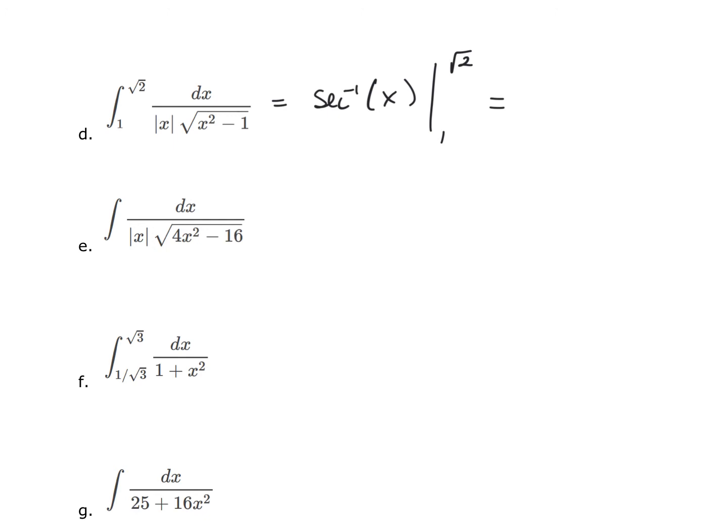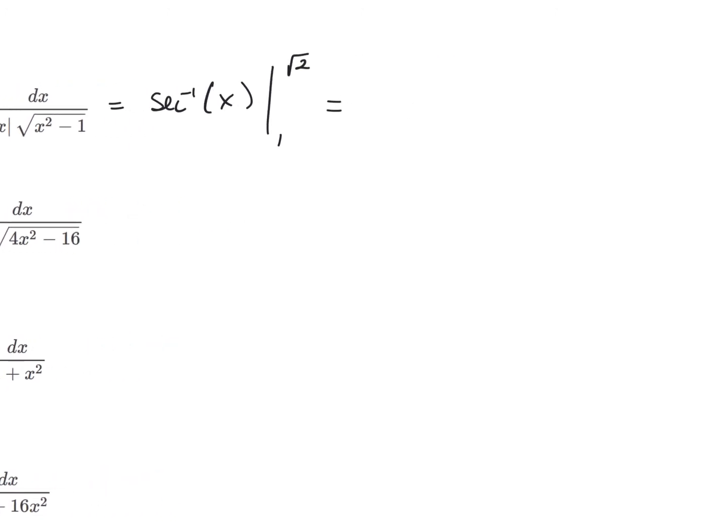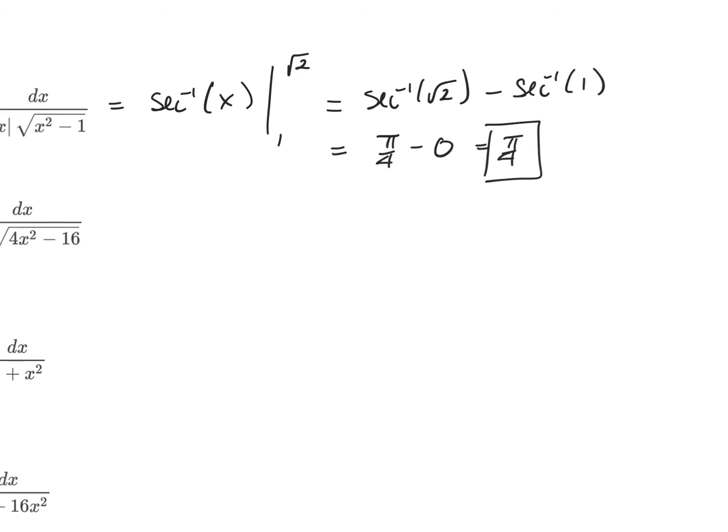So I get my trig formula sheet out: the secant inverse of the square root of 2, minus the secant inverse of 1. The secant inverse of the square root of 2 happens at pi over 4, and the secant inverse of 1, because secant is the reciprocal of cosine, happens at 0. So my answer is pi over 4. Don't forget that we are in radians, not degrees.